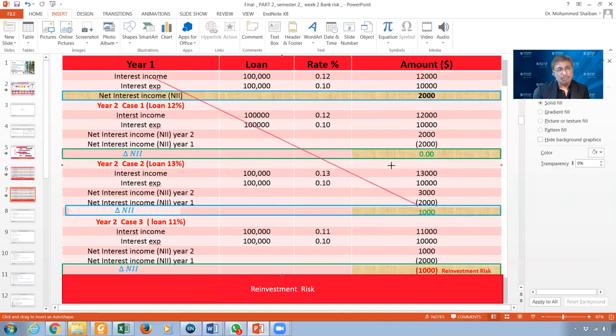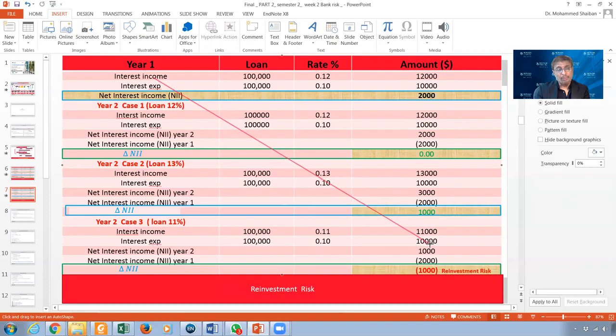Here is the problem where the loan is only now paying 11%. So I get 11 million interest.